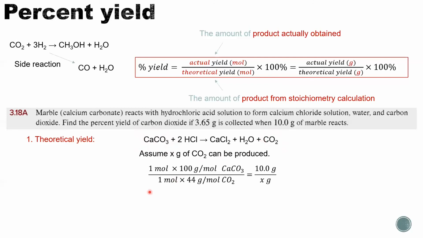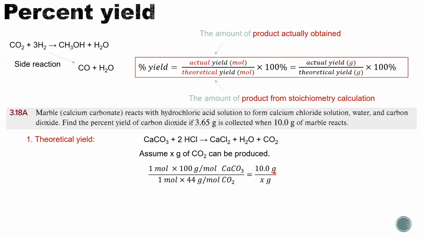So we use 1 mole, that's the coefficient from CO2, times 44 grams per mole, the molar mass of CO2. So from these two, using a combination of coefficient and molar mass, we can get the mass proportion for any two chemicals in a chemical reaction.